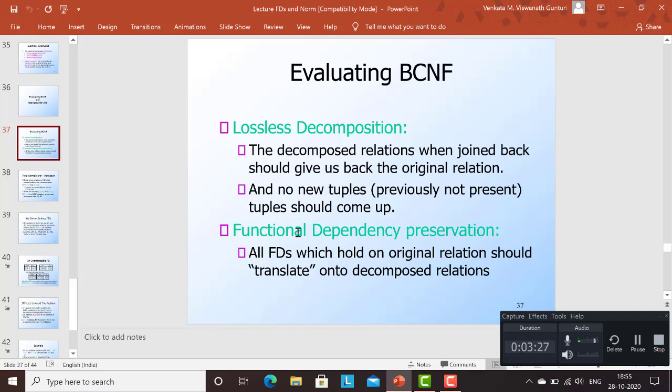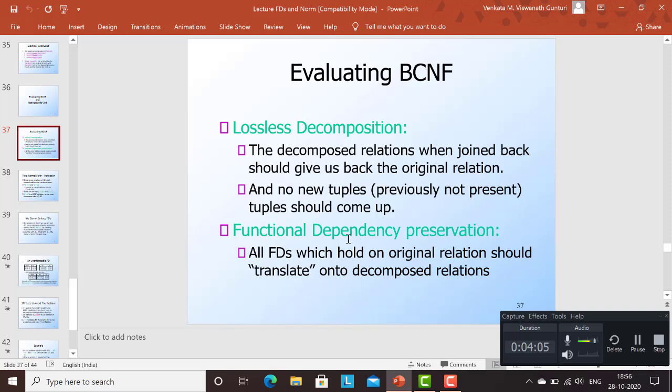So if there were a bunch of constraints in your original R, and then you decompose that R into a bunch of children relations, then all the FDs which held on the original one should somehow try to translate, right? So this is an important part because the BCNF algorithm which we studied does not have this functional dependency preservation, right? And we'll just see an example of how that can happen.